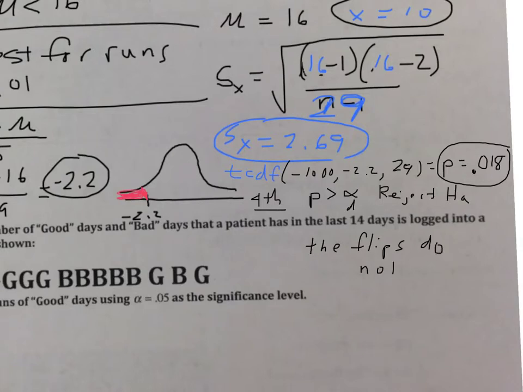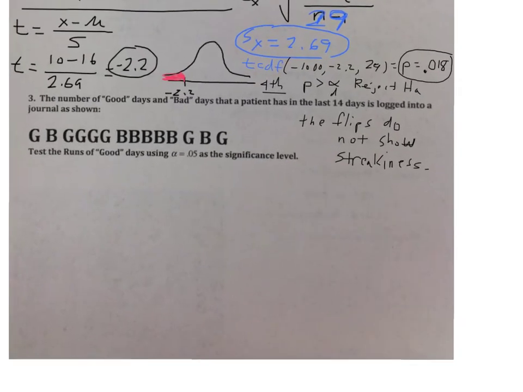So if you were trying to test whether or not a coin was a trick coin or not, you want to show that there aren't lots of streaks of heads. Like heads isn't going to show up more often than tails. So the flips do not show streakiness. Which is what we're trying to figure out. Are there streaks or runs of heads that are unnatural if you just flip these coins?